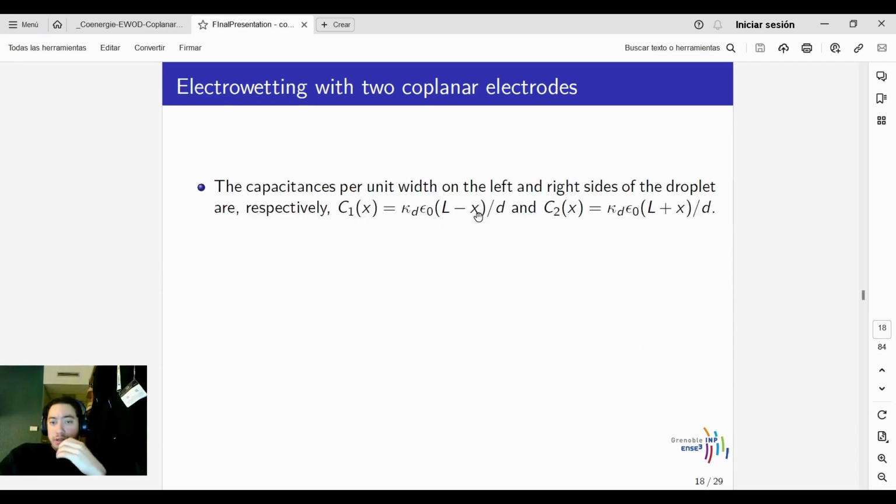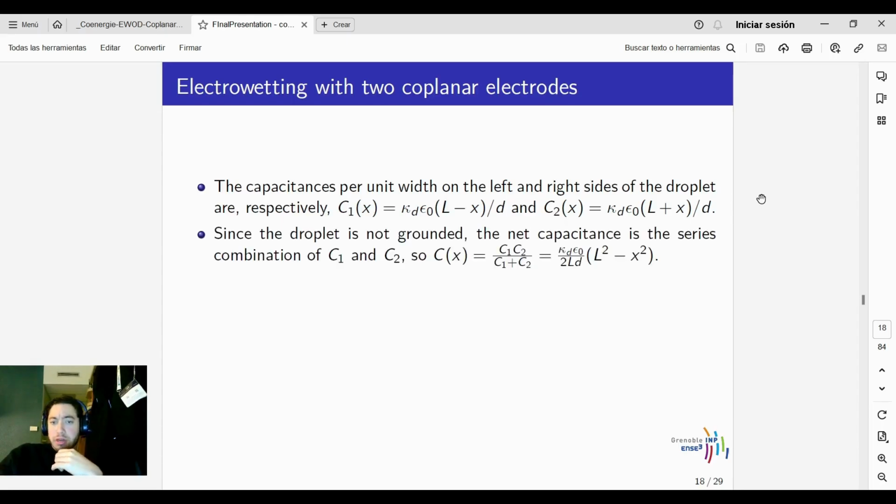In this case, the capacitance per unit width on the left and right hand side of the droplet can be defined by the next equations. The droplet is not grounded, so the net capacitance is the series combination of both capacitances, and we can define a total net capacitance by the next equation, where C1 is the capacitance on the left hand side and C2 is on the right hand side.